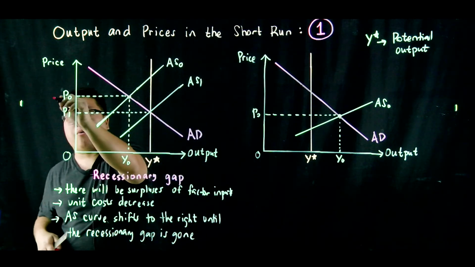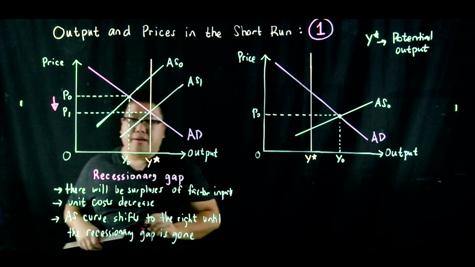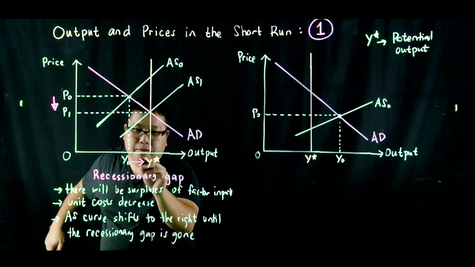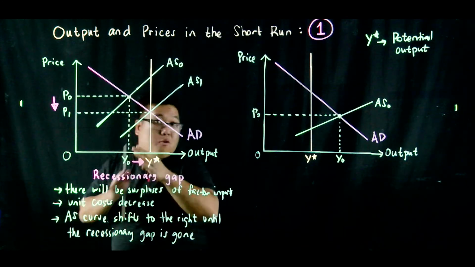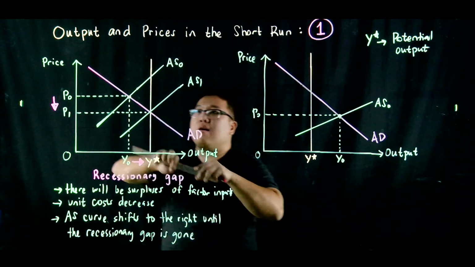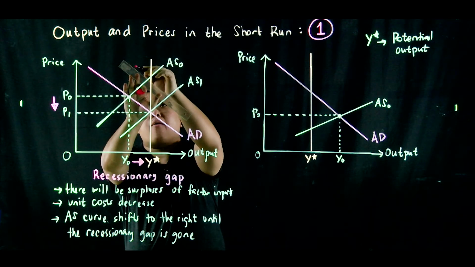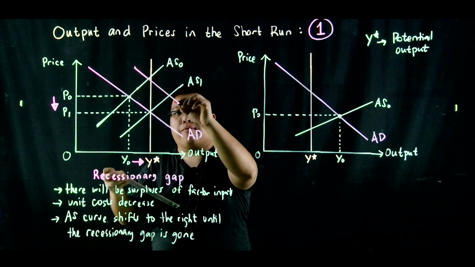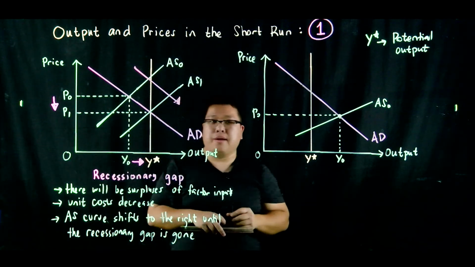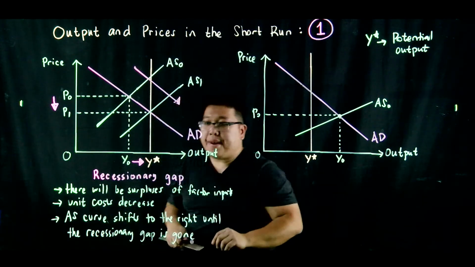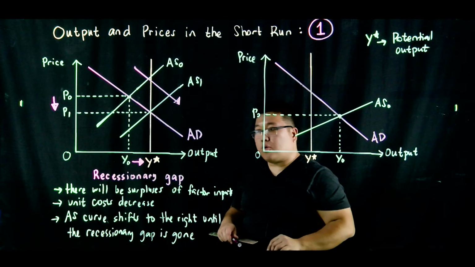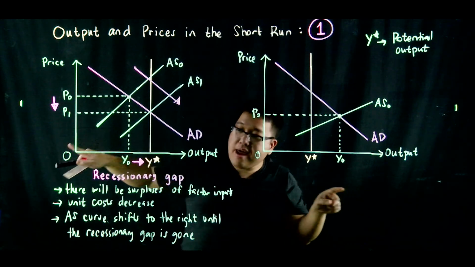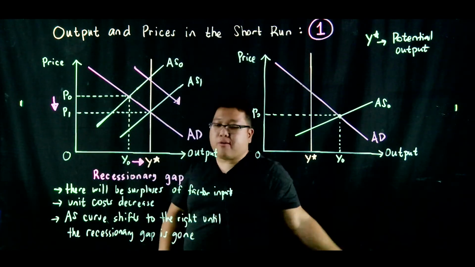So let me just write an arrow here, meaning that the result would be prices drop and output increased from Y0 going to Y star. And let me write here the arrow just to indicate the direction of the shift of our aggregate supply curve. Now, this is the case when our equilibrium output in the short run is to the left of Y star. Or alternatively, Y star is to the right of Y0.